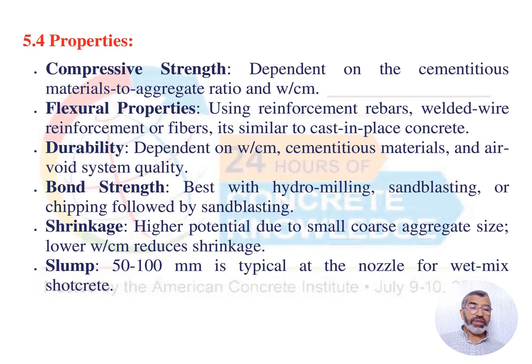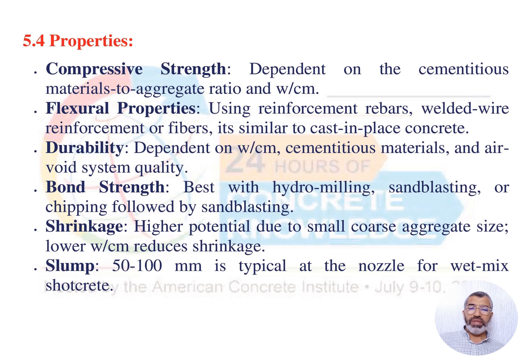Coming to the properties of the shotcrete, we have the compressive strength, which depends on the cementitious material to aggregate ratio and water cement ratio. Flexural properties using reinforcement bars, welded wire fabric, or fibers are similar to cast-in-place concrete properties.